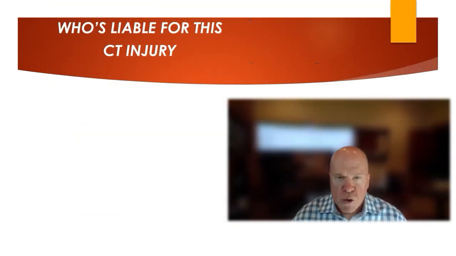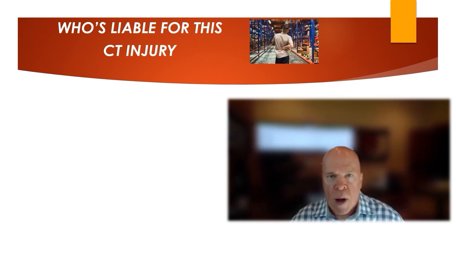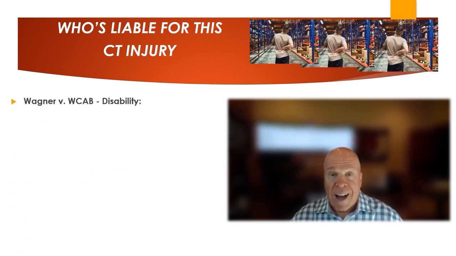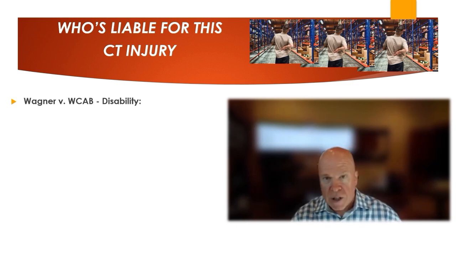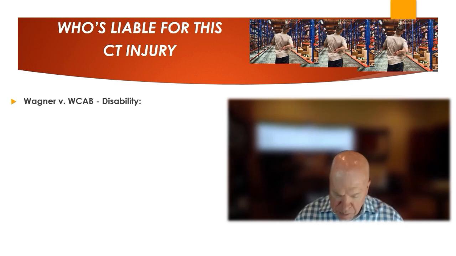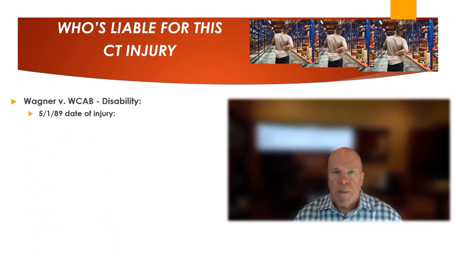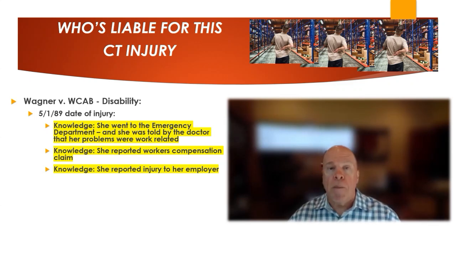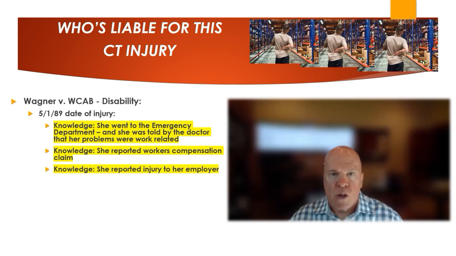Okay, so let's review the arguments in this case, Wagner versus the WCAB. CIIC, the insurer during the ultimate final period of liability, argued for a May 1st, 89 date of injury in order to offset some of the huge costs associated with this claim. They argued that the injured worker Wagner had the first component necessary to establish the date of injury, and that was knowledge.